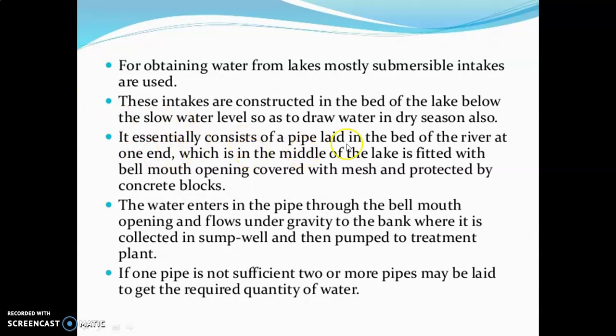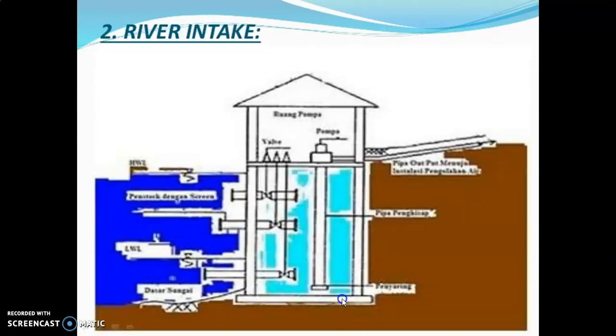It essentially consists of a pipe laid in the bed, one end of which, in the middle of the lake, is fitted with a bell mouth opening covered with mesh and protected by concrete blocks. The water enters the pipe through the bell mouth opening and flows under gravity to the bank, where it is collected in a sump well and then pumped to the treatment plant. If one pipe is not sufficient, two or more pipes may be laid to get the required quantity of water.